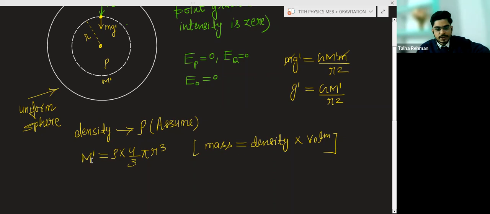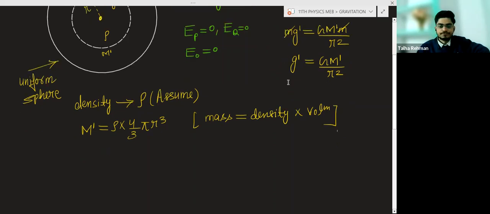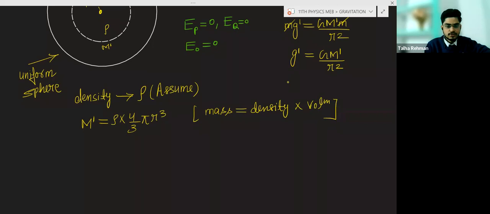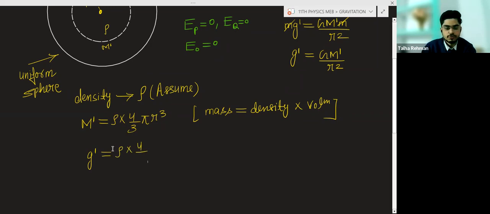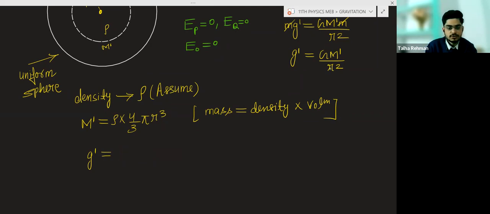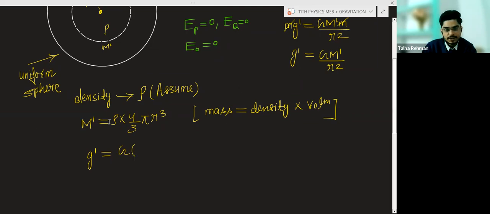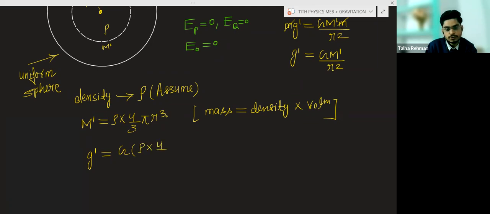So put this value of m dash in this equation. So you will get this is g dash, and density is rho multiplied by 4. What am I doing? g is G into m divided by r square. So G into m dash, and m dash is this: rho into 4 upon 3 pi r cube.